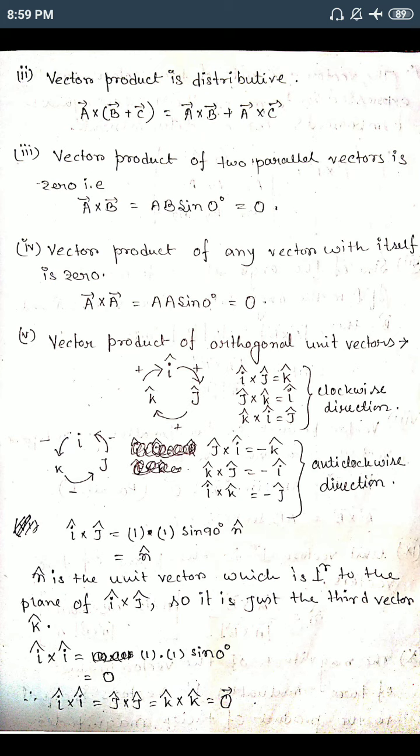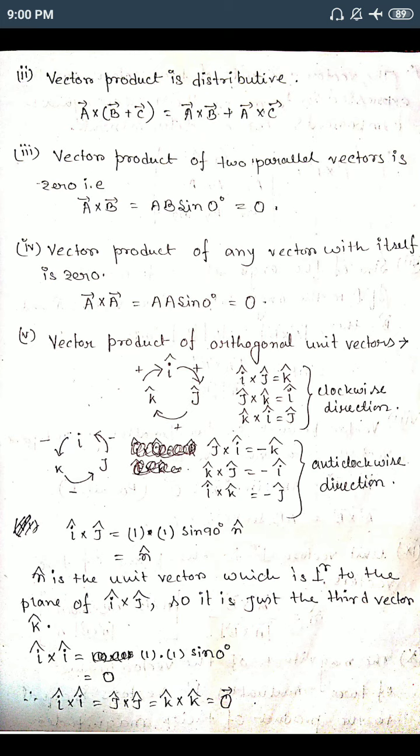So I cross J means if we use our right hand thumb rule, I to J, the thumb will represent the third unit vector, K. So we can write I cross J equals K hat, and its value is positive. Similarly, J cross K equals I vector, and K cross I equals J vector, in the clockwise direction.